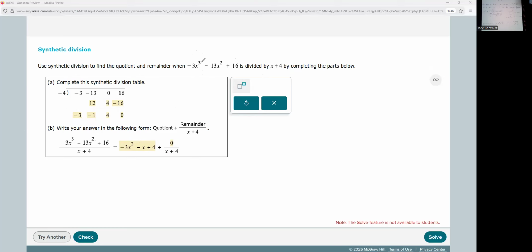If this was a fourth or a fifth power, say if this was a fifth, then this would be a fourth power, 3, 2, 1, whatever. If it's a third, then this one has to be 2, 1, constant. If it was a quadratic, same thing, 1 less. So let me show you their work.